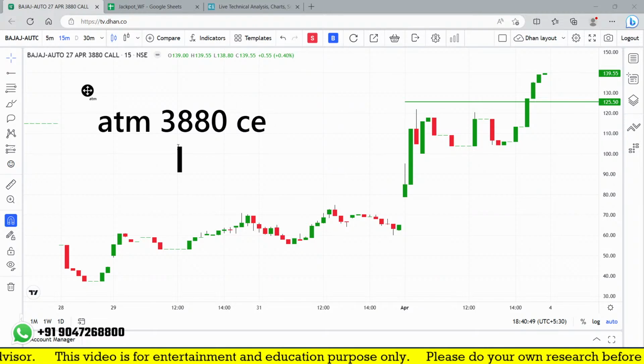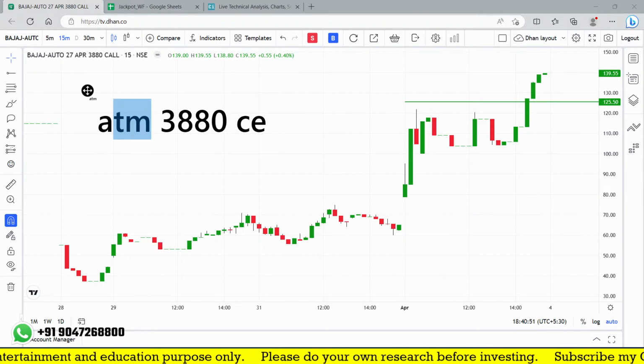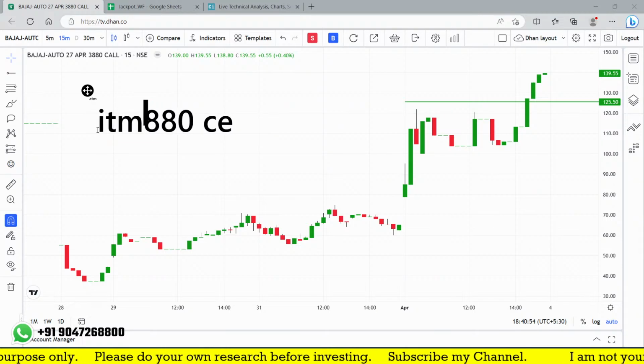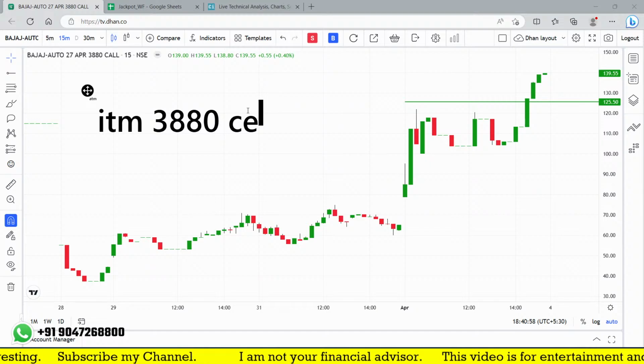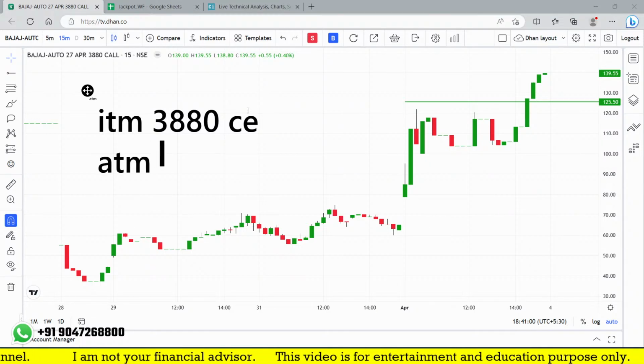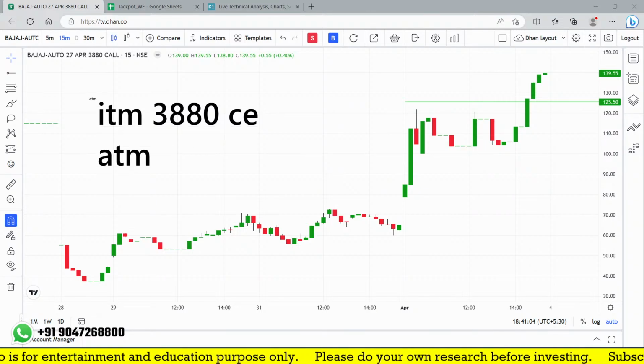That should be my ATM strike price. And if I'm focusing on ATM at the time of entry, which is triggered on this particular stock, that should be my ATM strike price.